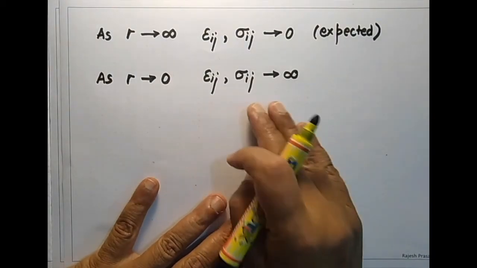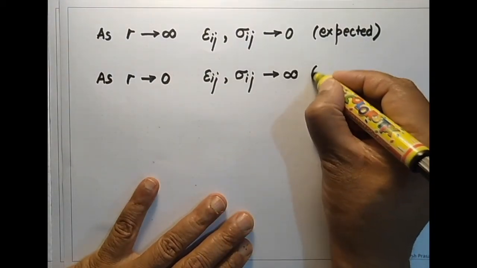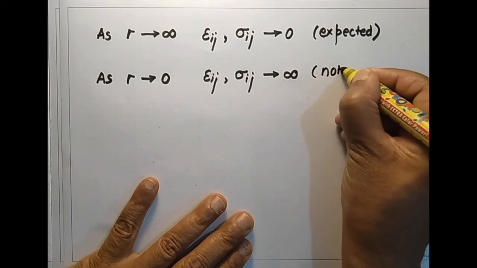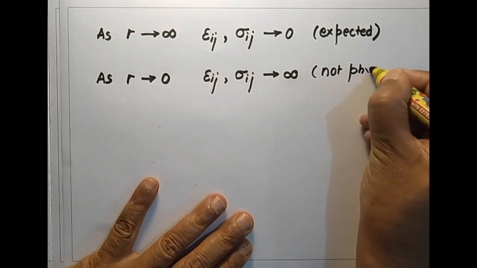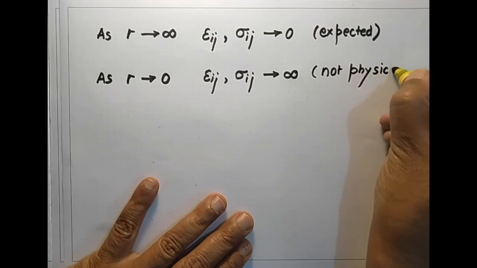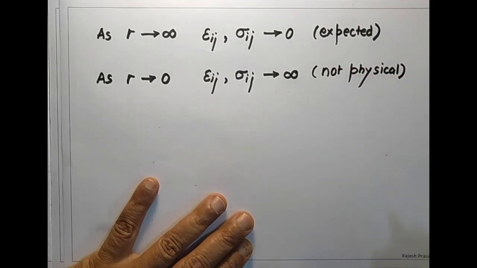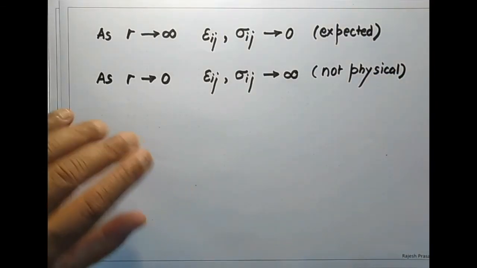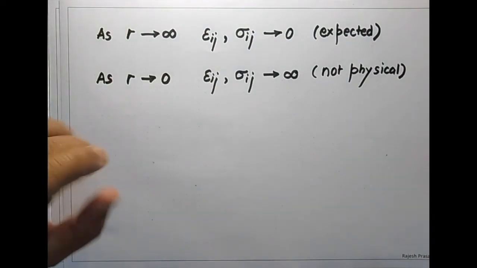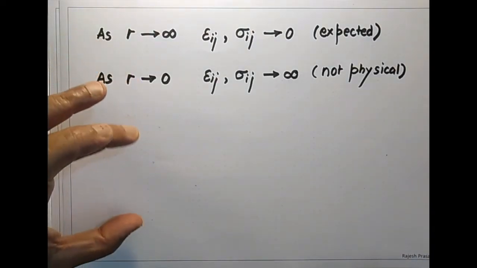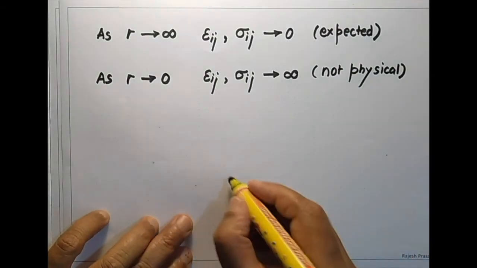Stress and strain cannot go to infinity. So this is not physical. And this is because the elasticity theory finally breaks down near the core of the dislocation.